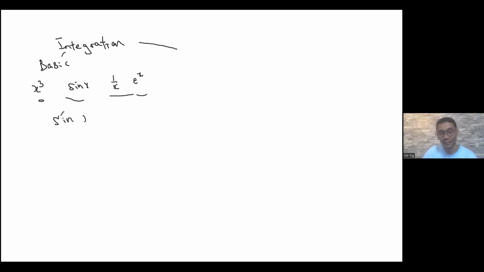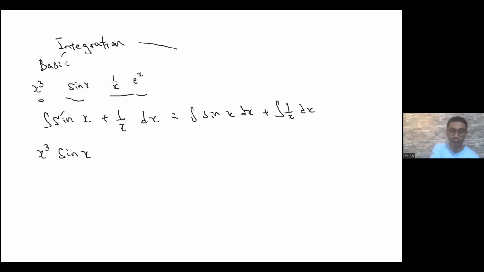If it's like that plus like that, it is still basic. Why do I say it's still basic? Because integration of an addition can be broken down into integrating them individually and summing them up later. So to me it's still basic. Math can only be plus, minus, times, divide.